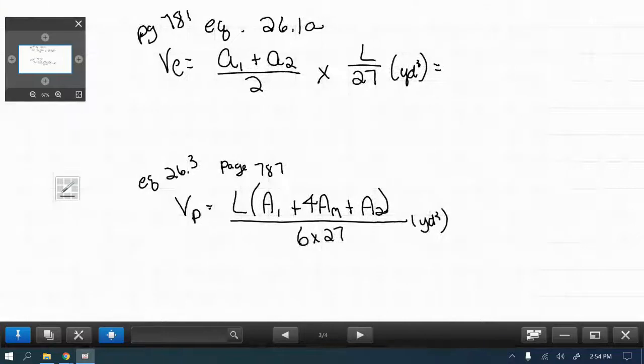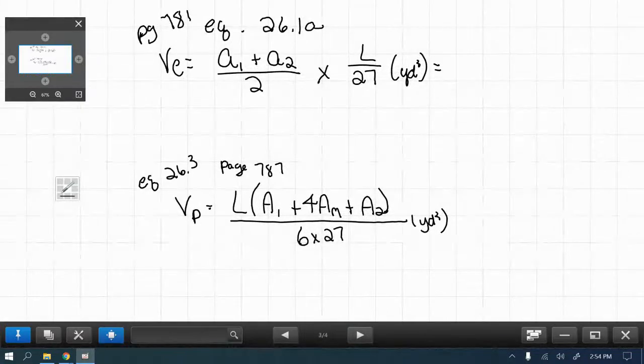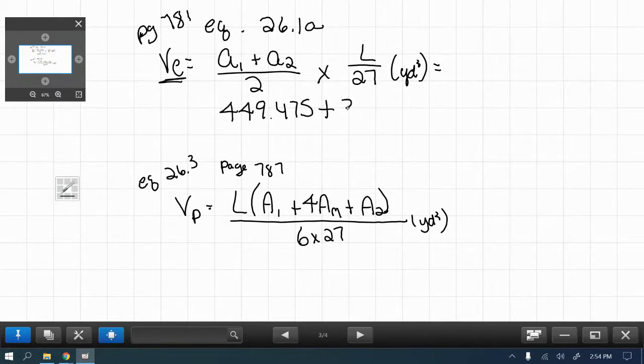So when I want to do my B sub E, it'll be area 1, 449.475, plus area 2.